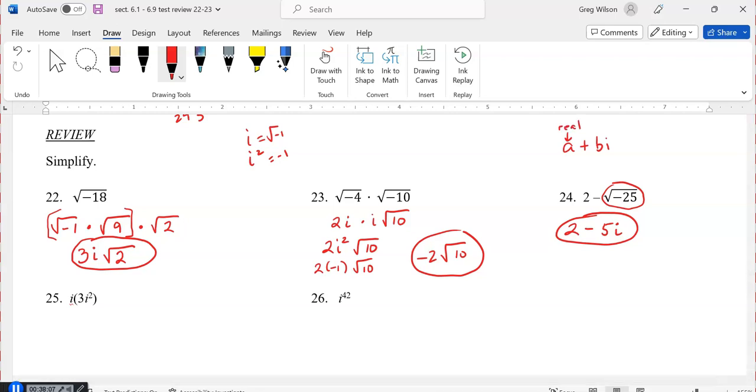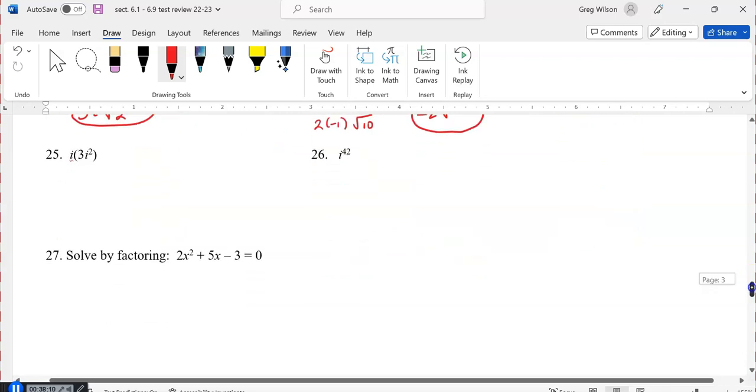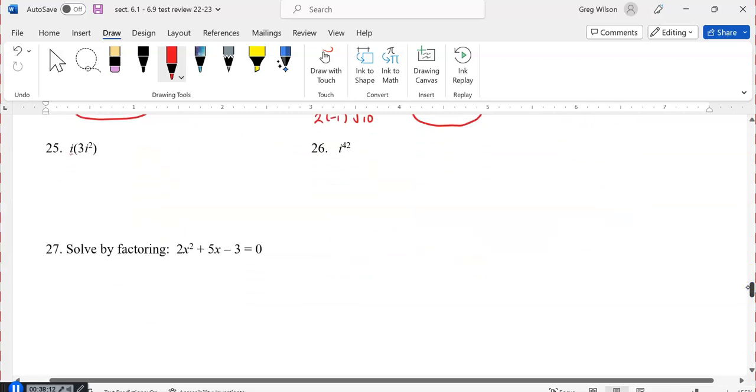So that's my answer for 24. 25, we said a minute ago that i squared is equal to negative 1, so this is really like saying this, and if you do this inside part first, it's i times negative 3, which is negative 3i.